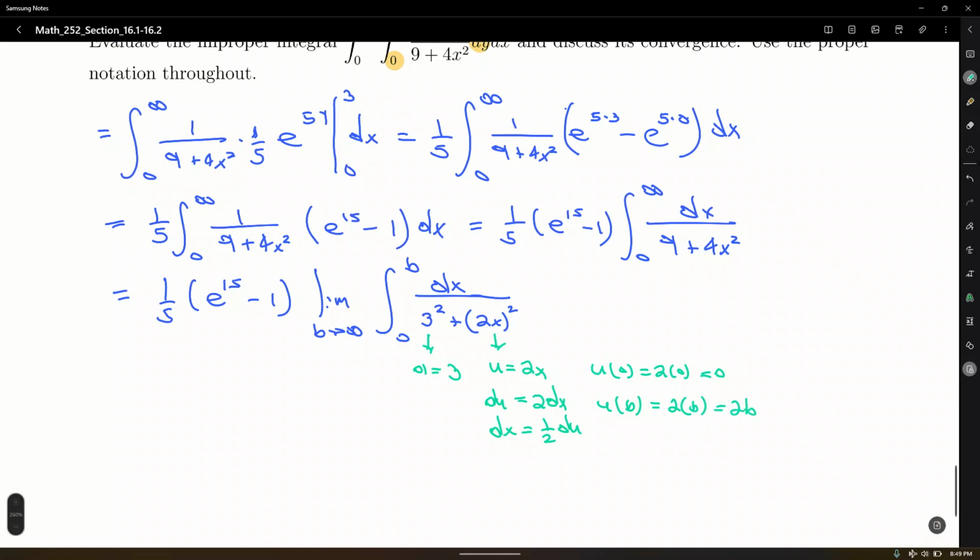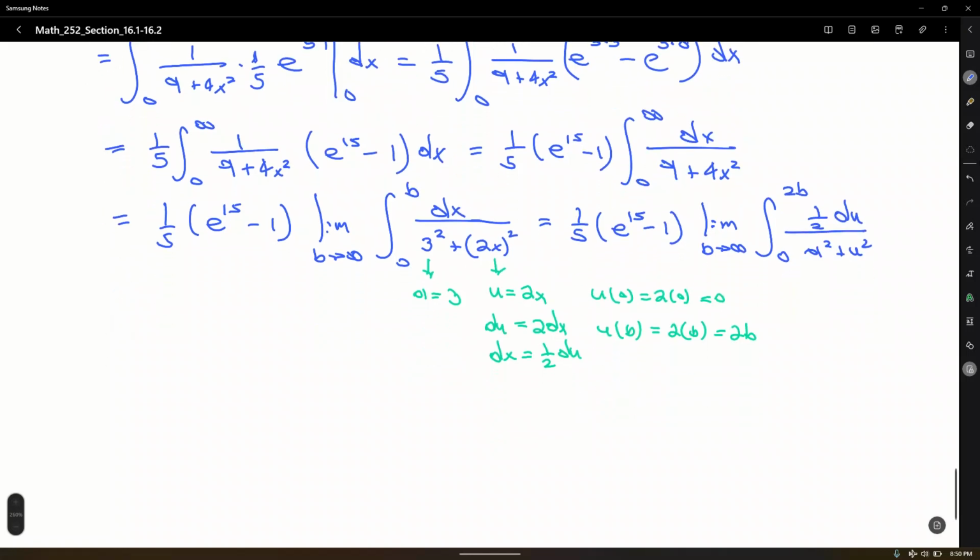So writing down our integral with the new limits, that leaves us with 1/5 e to the 15th minus 1 limit as b approaches infinity of the integral from 0 to 2b of 1/2 du over a squared plus u squared, which is our arctangent form. Let me take that 1/2 and multiply it with the 1/5 outside. That leaves us with a 1/10.